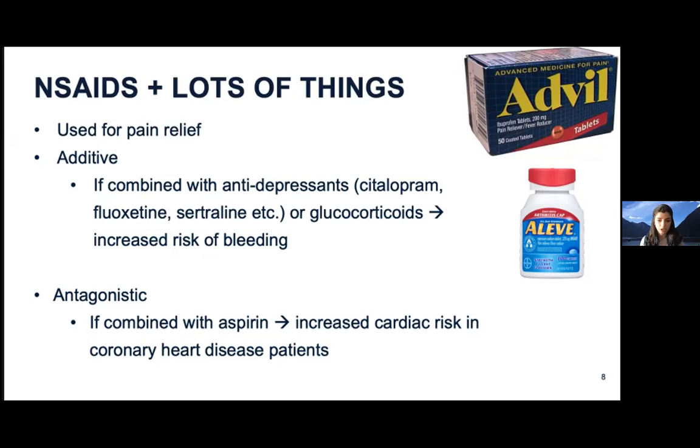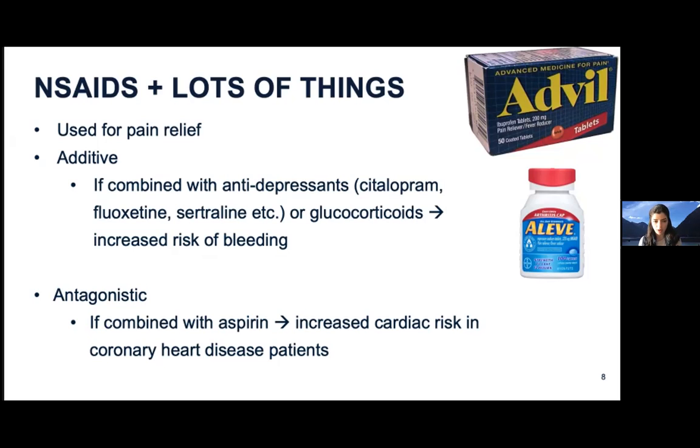And NSAIDs in general are unfortunately known for causing potential gastric ulcers with prolonged use as well. So that could potentially be a really big issue. When combined with aspirin, so on the antagonistic side, this can lead to an issue with the prevention of cardiac events in coronary heart disease patients.